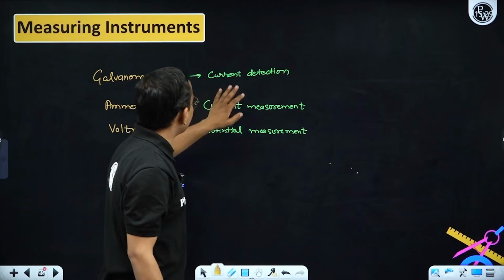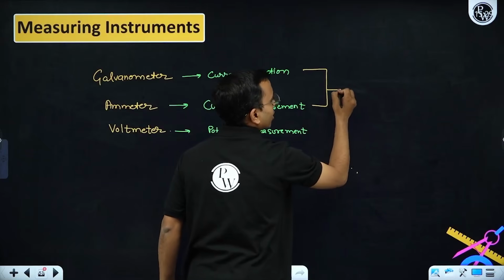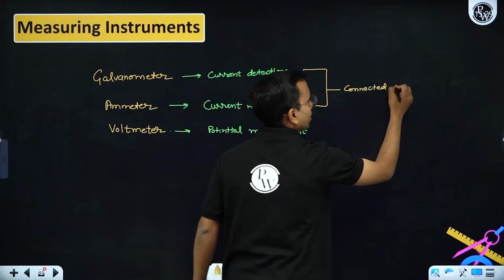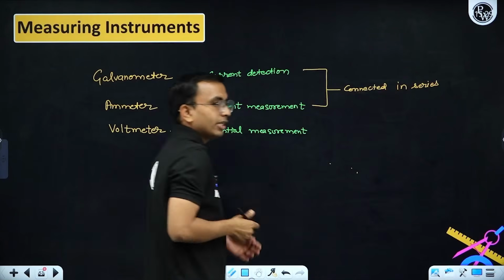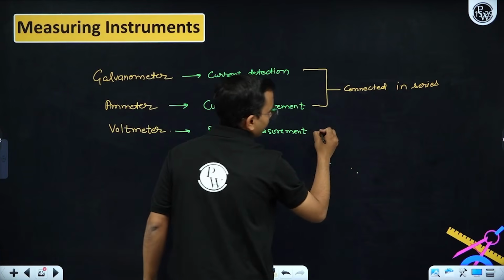So galvanometer and ammeter are connected in series in a circuit. Then only they will measure how much current is passing through. But voltmeter is connected in parallel.